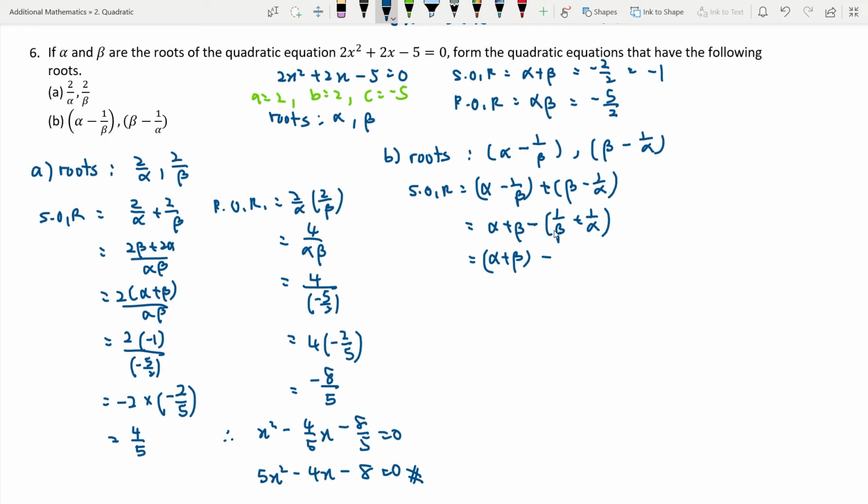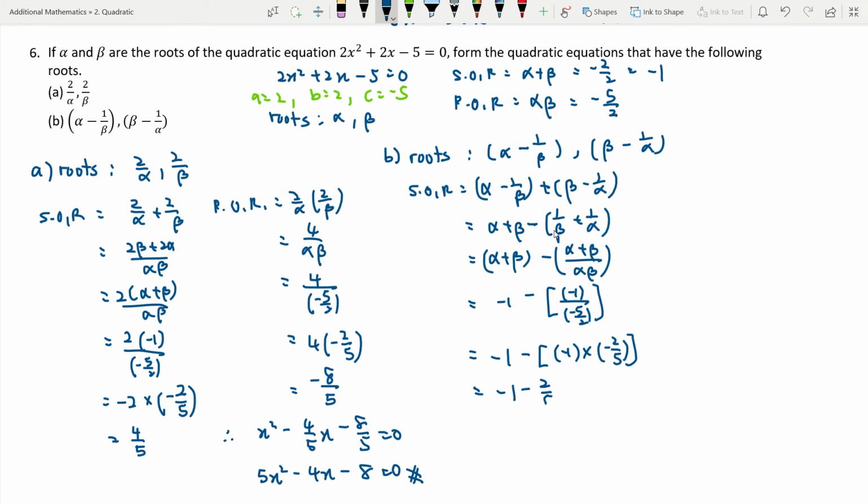Alpha plus beta minus alpha plus beta over alpha beta. Then we substitute in the value respectively. Negative 1 minus negative 1 over negative 5 over 2. We get negative 1 minus negative 1 times negative 2 over 5, which is negative 1 minus 2 over 5, and we get negative 7 over 5.